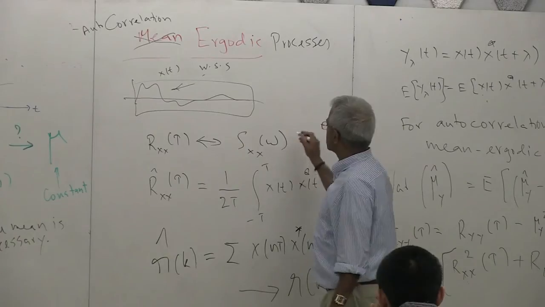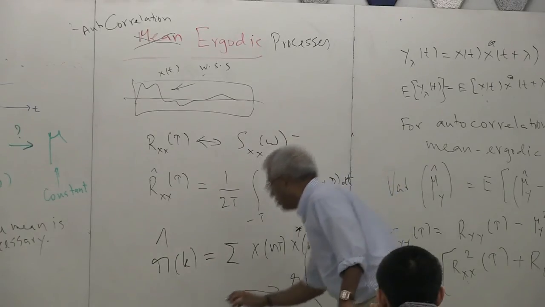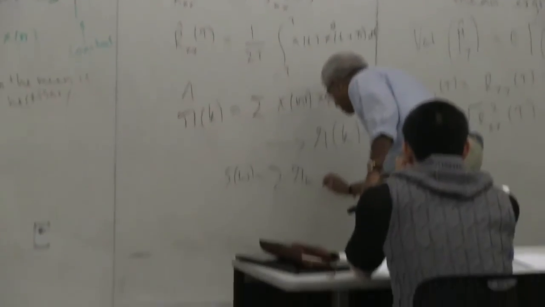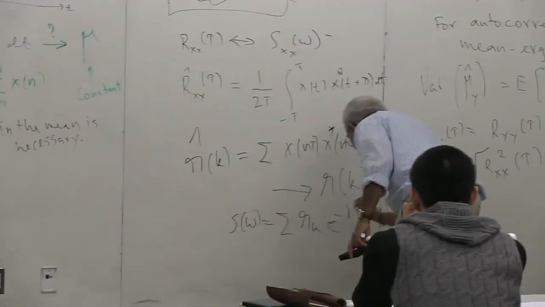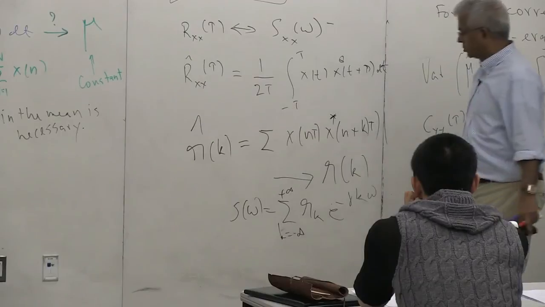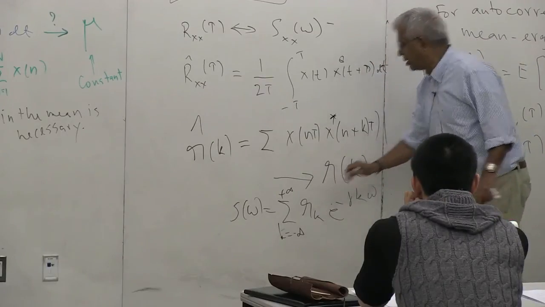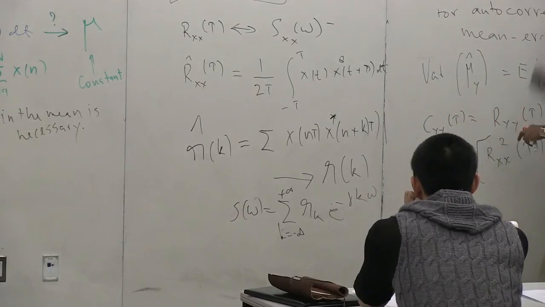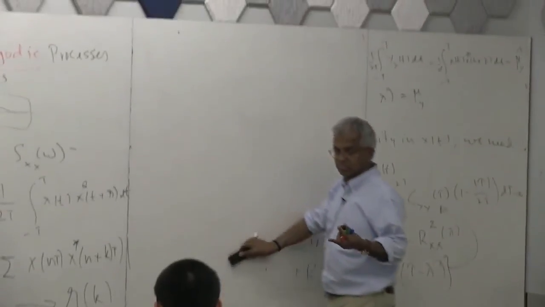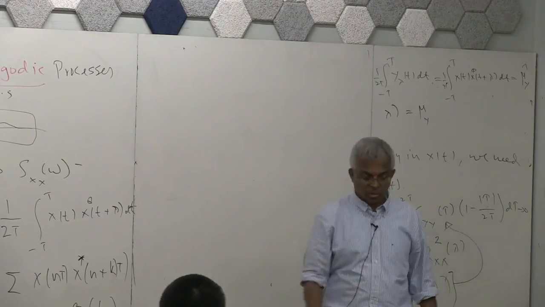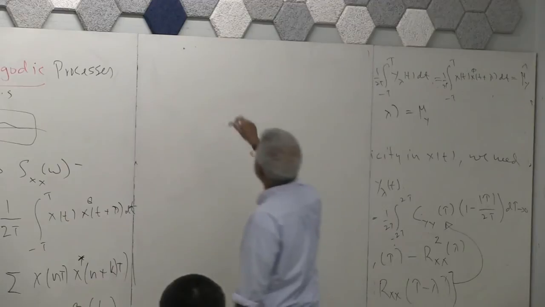Still, remember, in the discrete case the power spectrum is of course the sum of Rk e raised to minus j omega k, k from minus infinity to plus infinity. So again from here onwards I'm going to touch upon, and you have to do every topic. This topic itself is a long topic. So look at this problem.